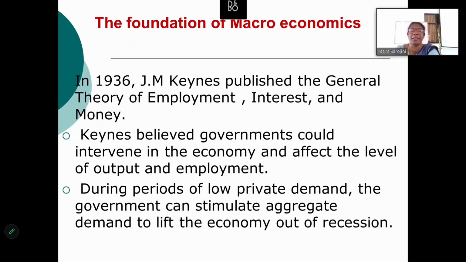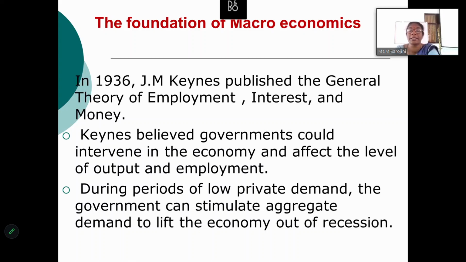In 1936, Keynes published his book, The General Theory of Employment, Interest and Money. Keynes believed governments could intervene in the economy and affect the level of output and employment. Without private investment, total production goes down and it leads to high unemployment.